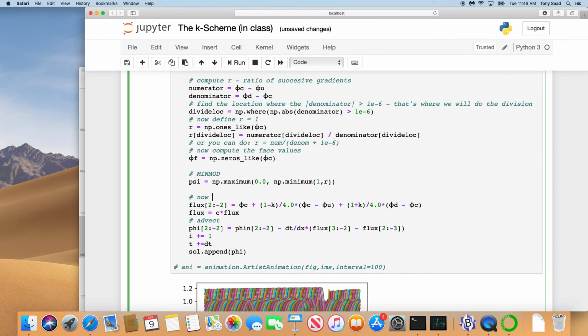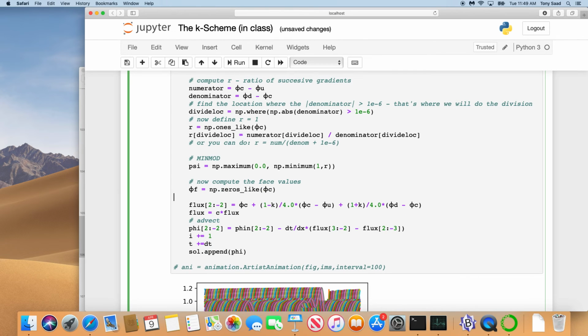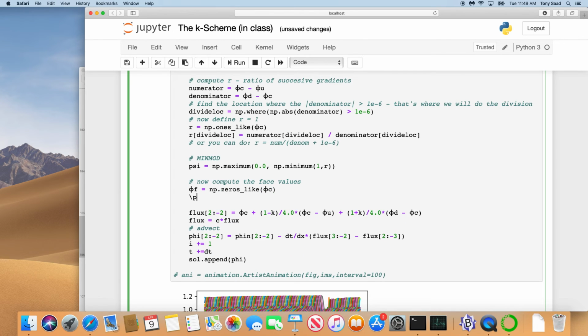So now compute the phase value. Phi f is np.zeros_like.